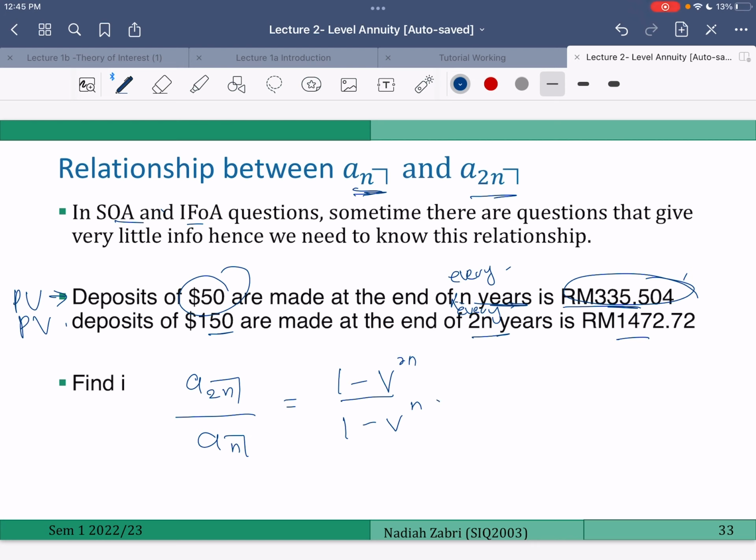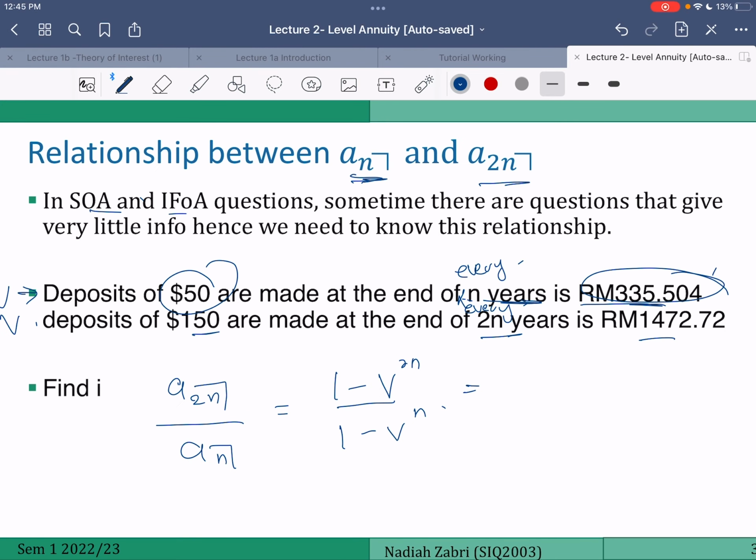Okay, so then you can simplify this. You can rewrite the numerator to be 1 minus V^N times 1 plus V^N. You see that? Because you can also rewrite this as 1 minus V^N squared. Right?